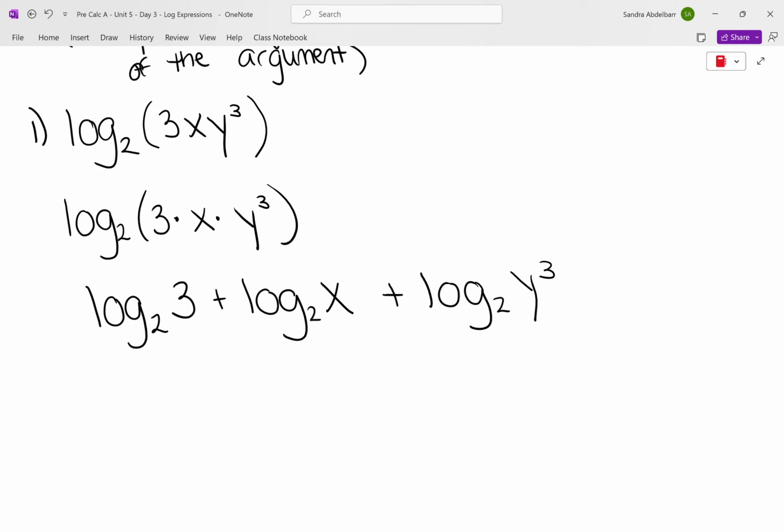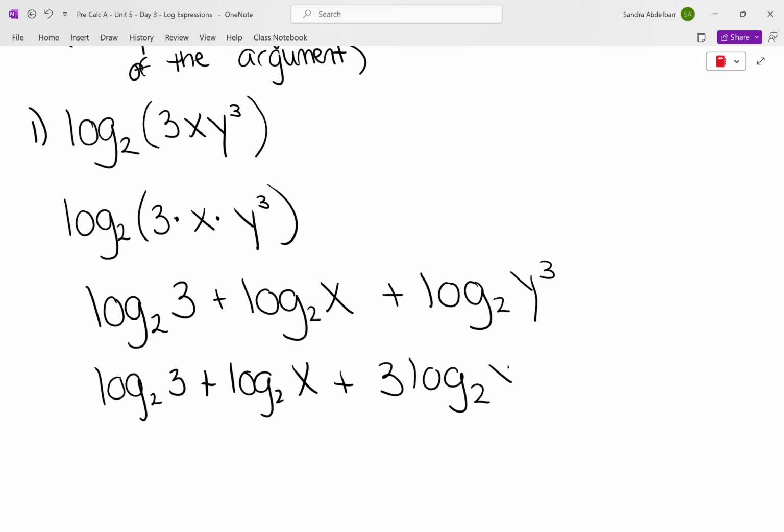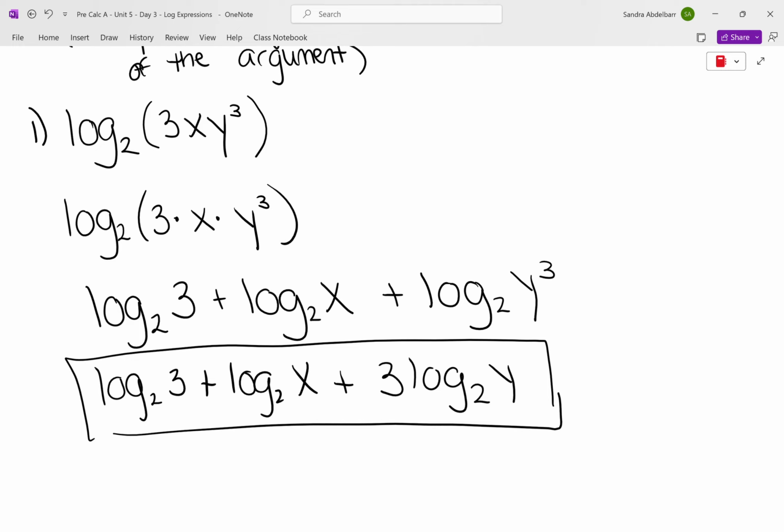Now the exponent on the last one was the exponent on this whole parenthesis? No, it was only on this. So when I bring this 3 in front, I'm only going to bring the 3 in front of this specific log. So this is log base 2 of 3 plus log base 2 of x plus 3 times the log base 2 of y. And now we have it fully expanded.